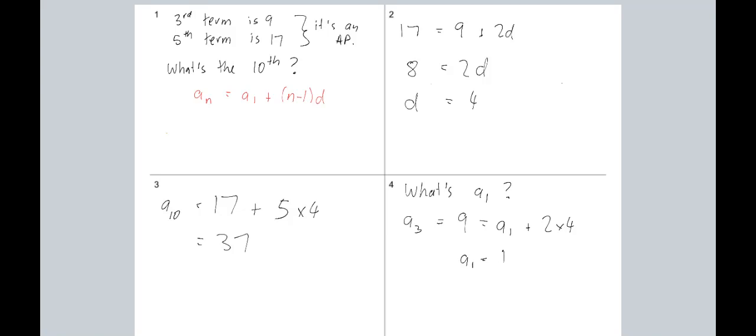Like I said on Friday, often I use a really simple example to illustrate the process, but remember the process is scalable. Given 2 terms and the nature of the sequence, you should be able to work out any other term. Yeah? Okay, any questions before I move on to my second example?